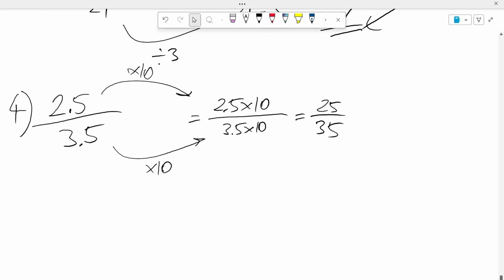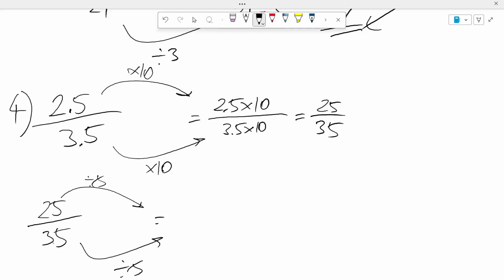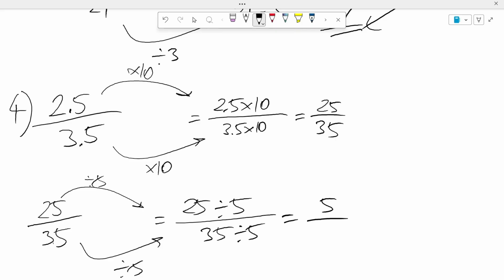It's not quite a fully simplified fraction, because with 25 over 35, I can still divide top and bottom by 5. That will give me 25 divided by 5 over 35 divided by 5, which is 5 over 7. And is there any number that goes into both 5 and 7 that would make this any simpler? No, there isn't, so that's my final answer. So 2.5 over 3.5 is equal to 5 over 7.